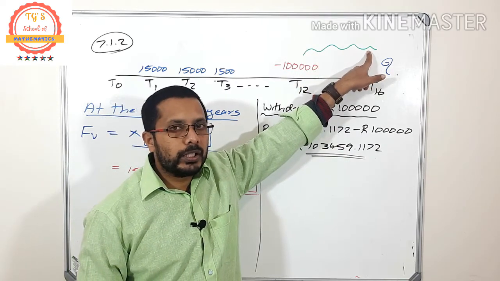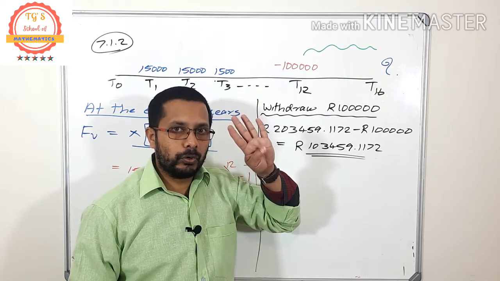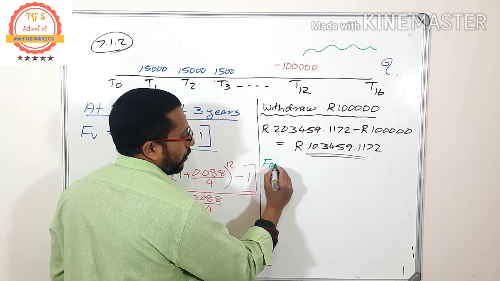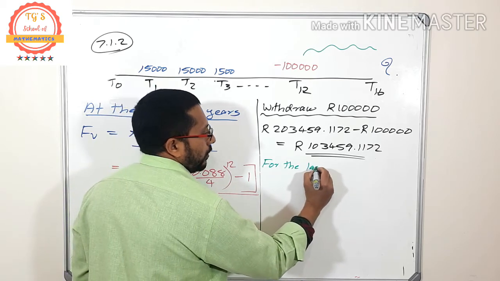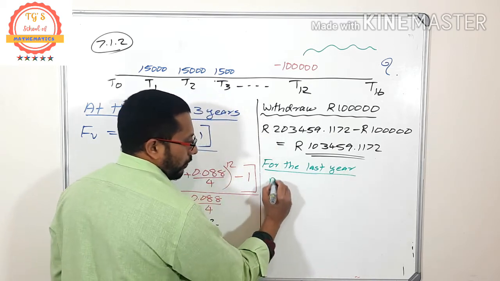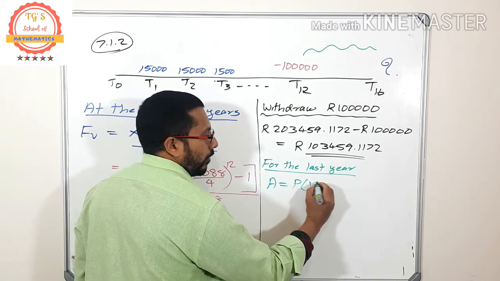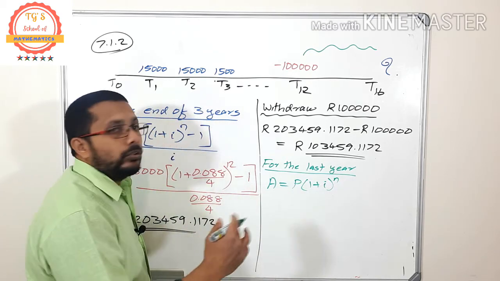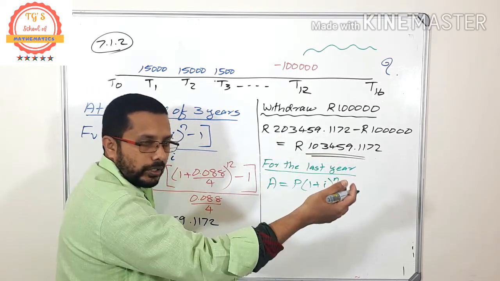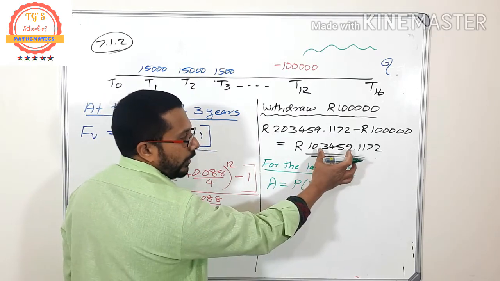Remaining 1 year means how many times is interest calculated? Since it is quarterly, it is 4 times. Okay. So I'm going to find, for the last year, what is the interest she is going to get? Formula is P into 1 plus i the whole raised to n. What is the principal amount at the end of 3 years?